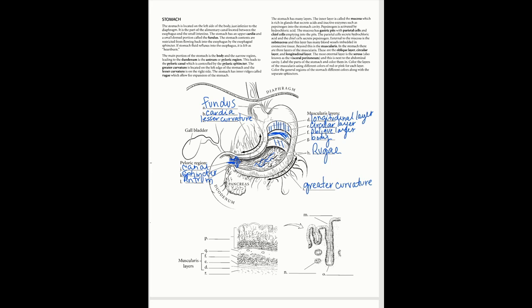So if we look at the bottom here, this is just showing some of the microscopic sections here. If we look at our different muscular layers, we have our oblique, circular, and longitudinal.